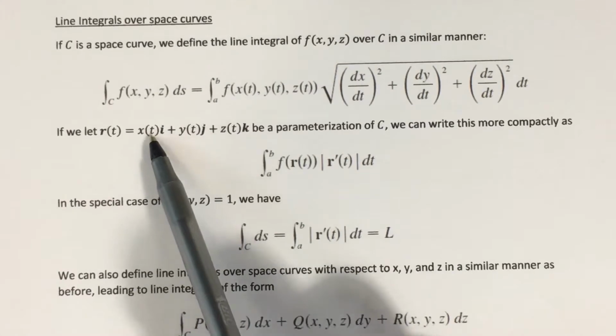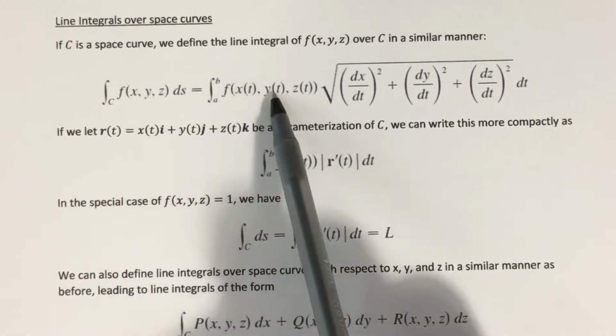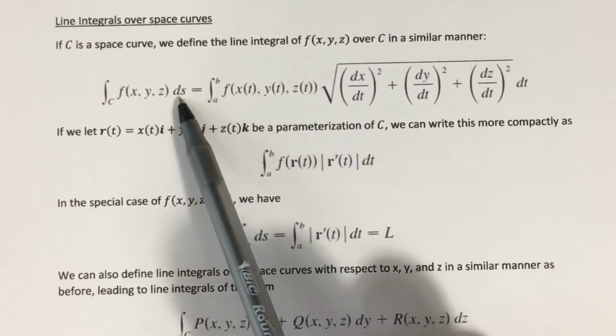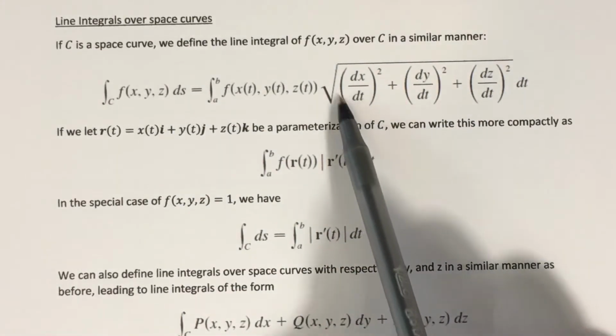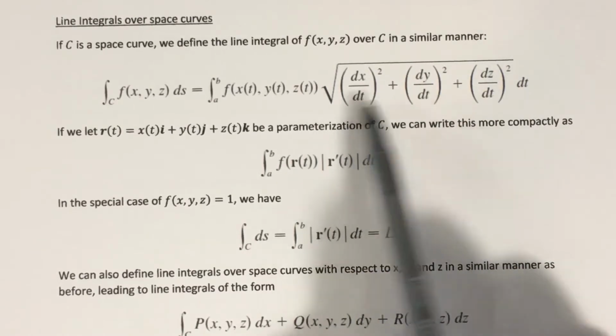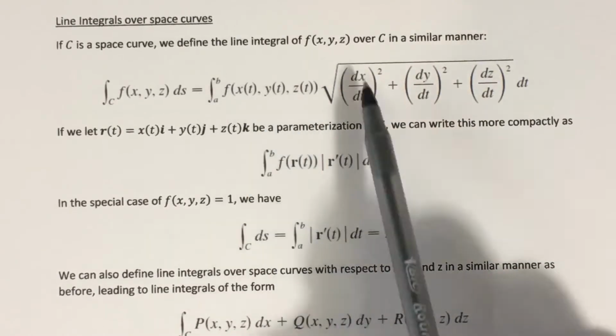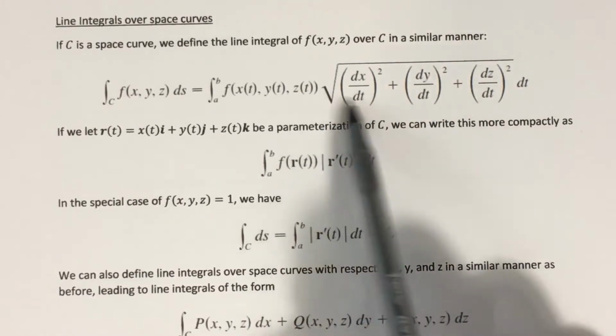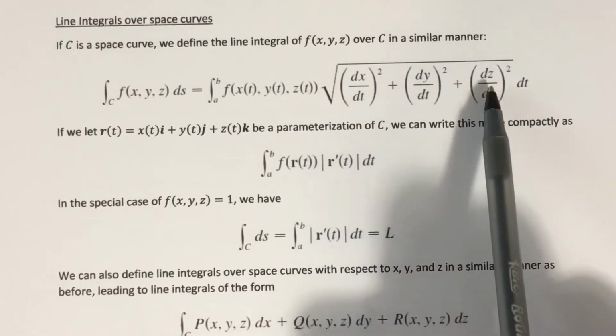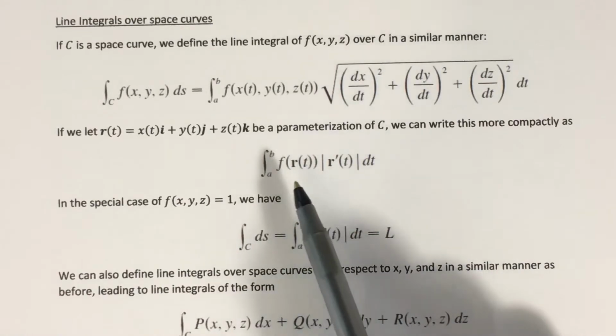We substitute the x, y, and z's of t into the x, y, and z here. That's what you're seeing here. And then we multiply by ds, our arc length differential, which becomes this in the case of a space curve as opposed to a plane curve. So it looks very similar, but we just pick up this extra variable and this extra term here in the case of a space curve.